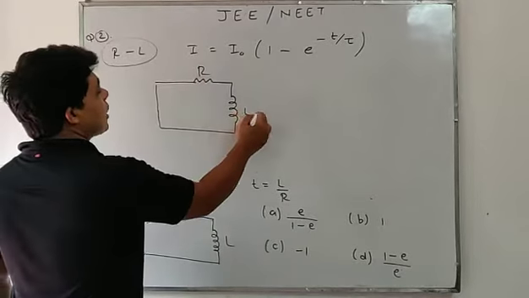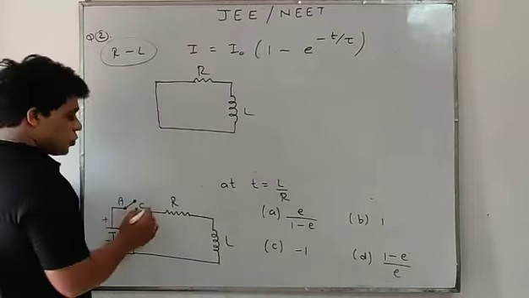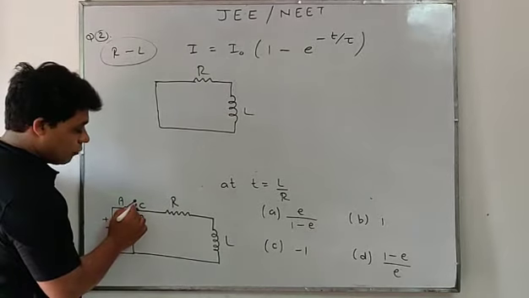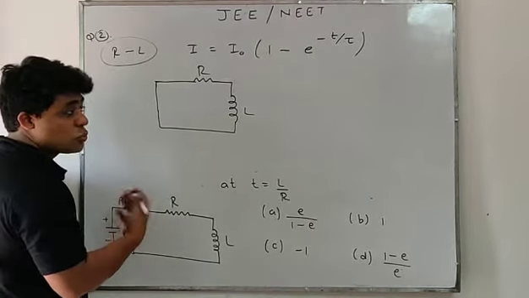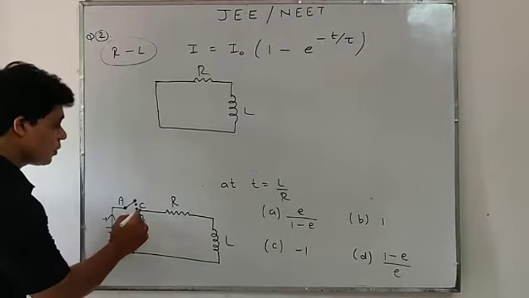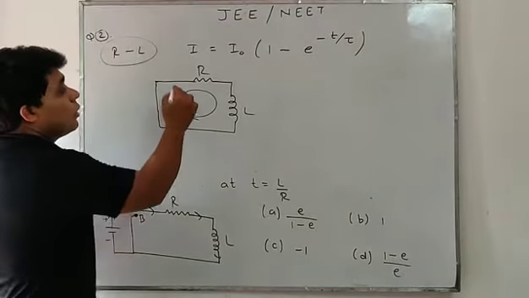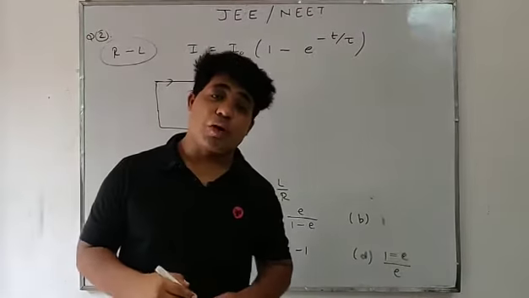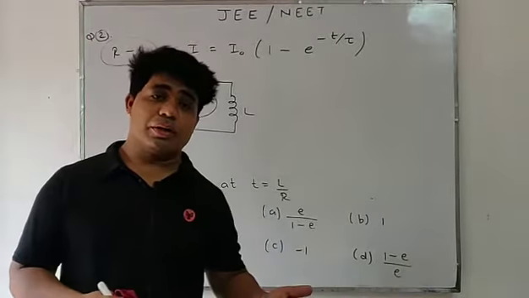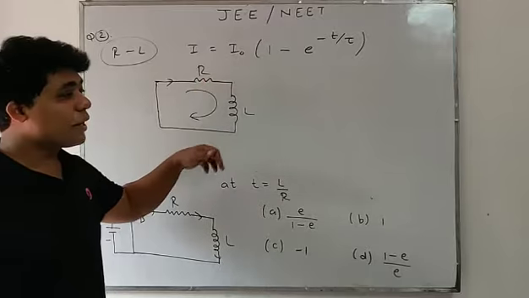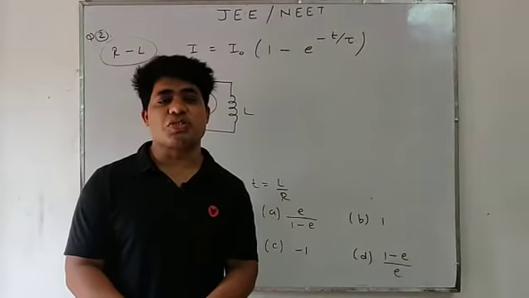This is R and this is L. When the switch is on, when A and C are connected, the current flows, and when the current flows in the LR circuit, in that condition the discharging process will start.